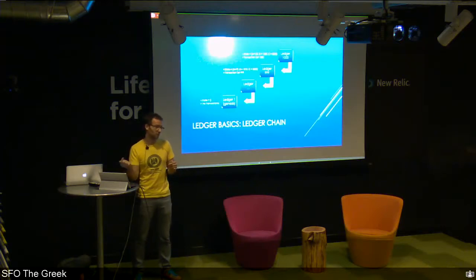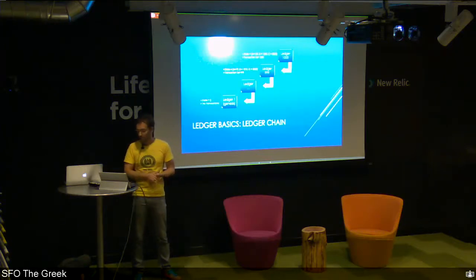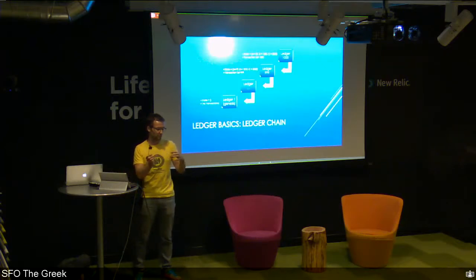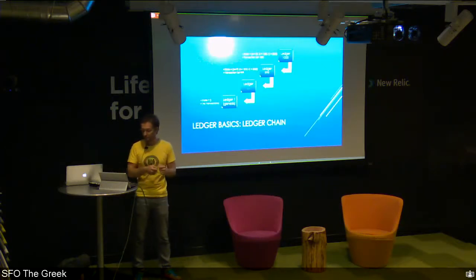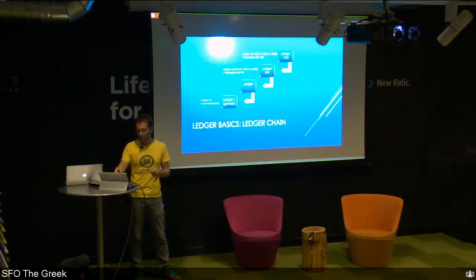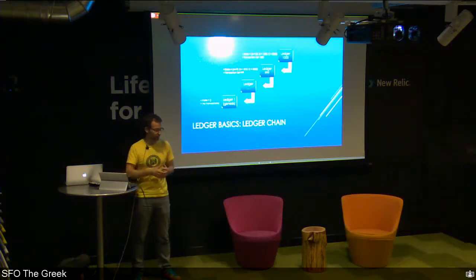Ledger 1000 has a back pointer, in terms of hashes, to ledger 999 with that transaction set. That's how, when you get data from the historical system, you can verify even without having the full history. You can just verify that the transition is the one that is supposed to be.